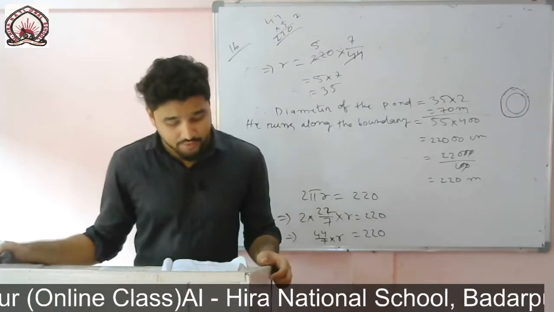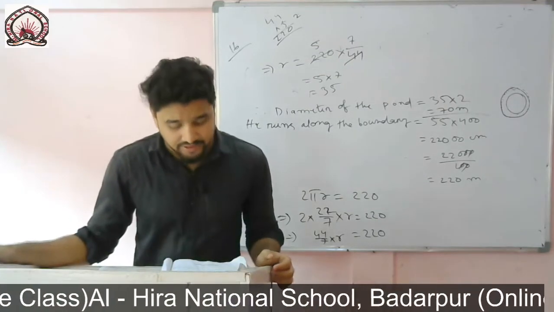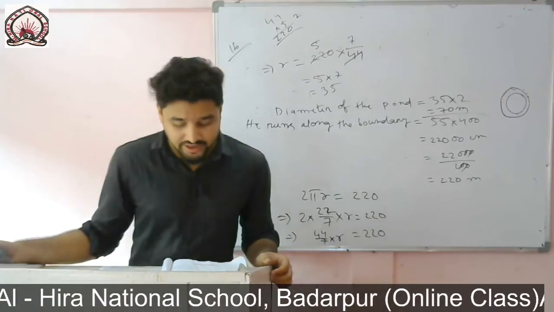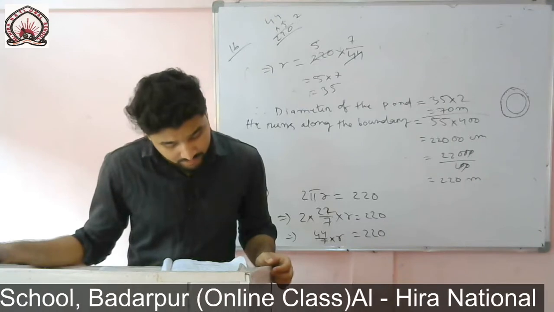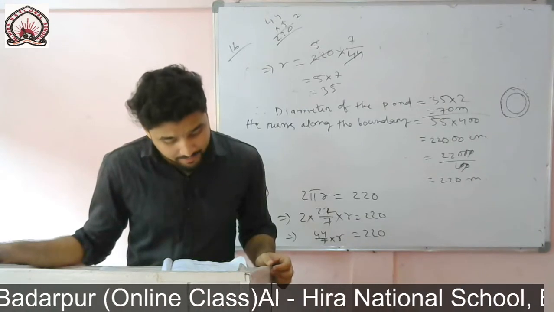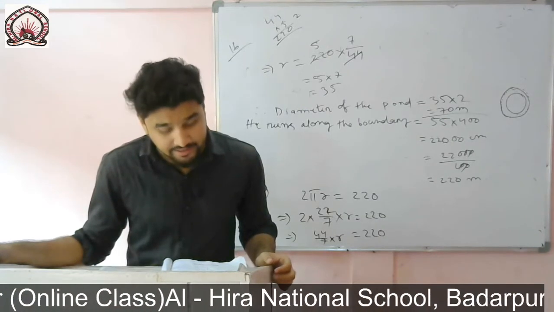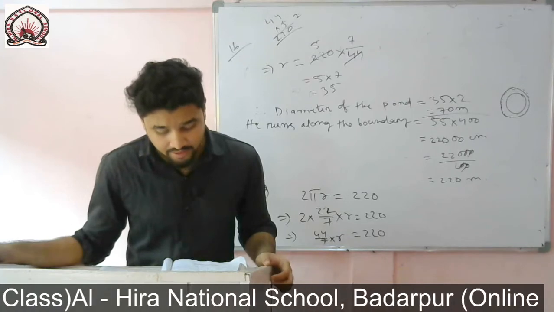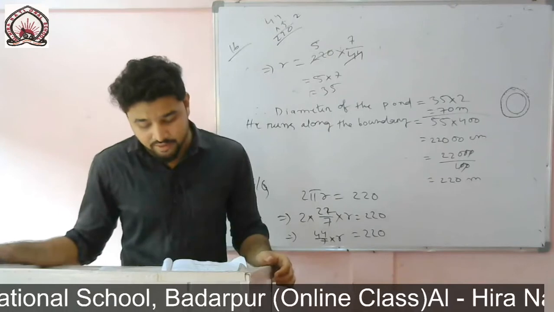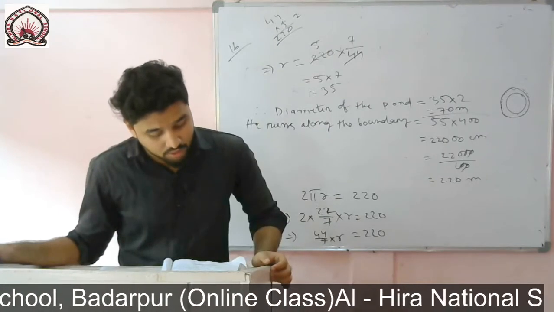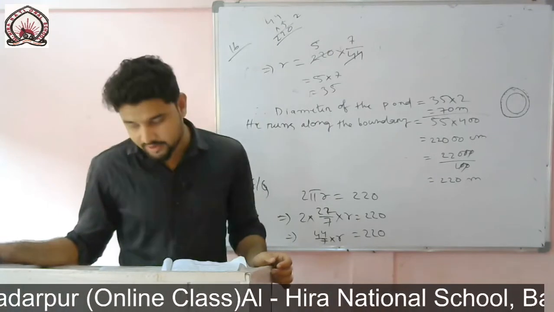A piece of wire is bent in the shape of an equilateral triangle of each side 6.6 centimeter. It is rebent to form a circular ring. What is the diameter of the ring?